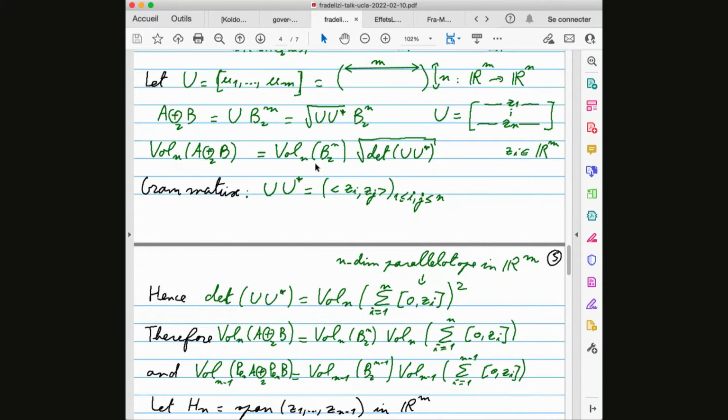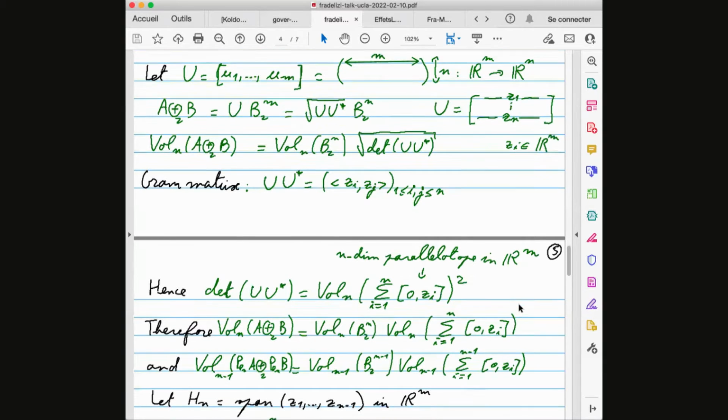And so, because of these two formulas, we now have a formula. The volume of our zonotope, the volume of A plus_2 B, is just, up to a constant, which is the volume of the Euclidean ball of radius 1, times the volume of this parallelotope. And the parallelotope was built from the lines of the whole matrix.